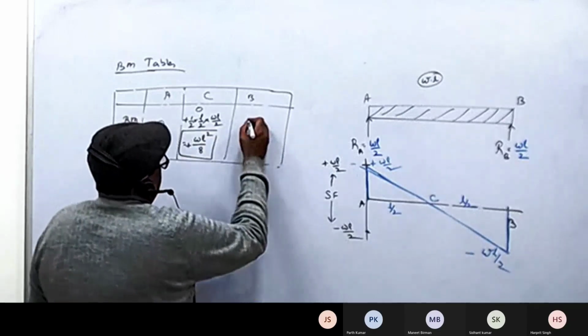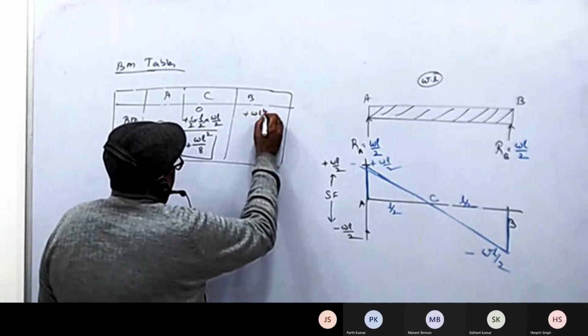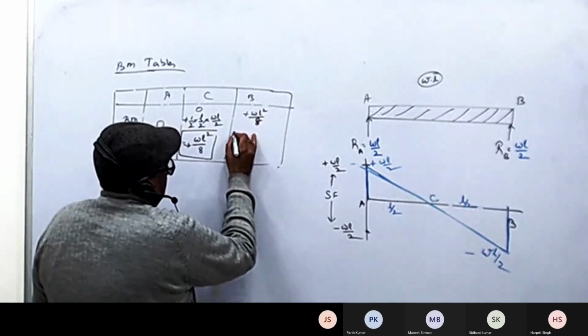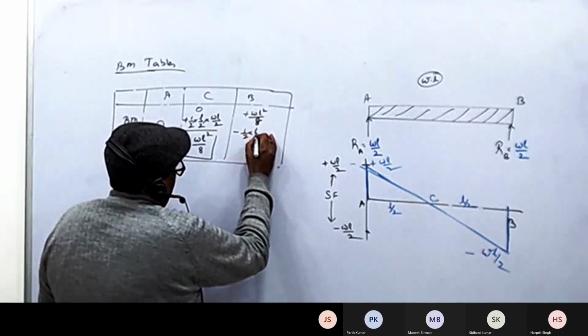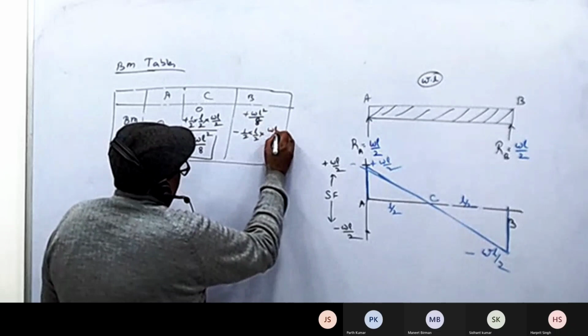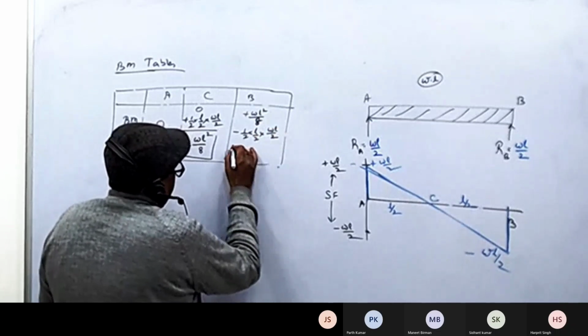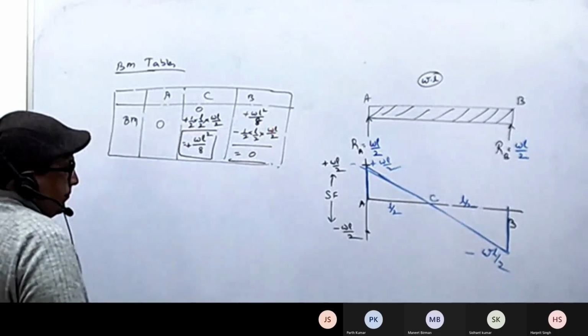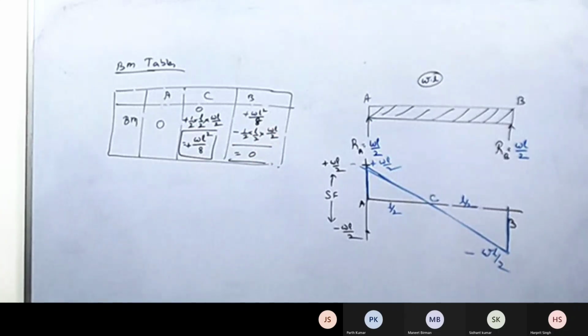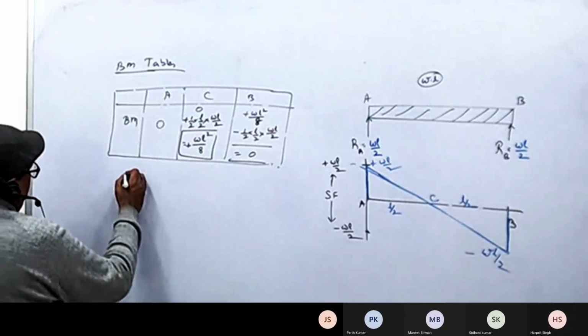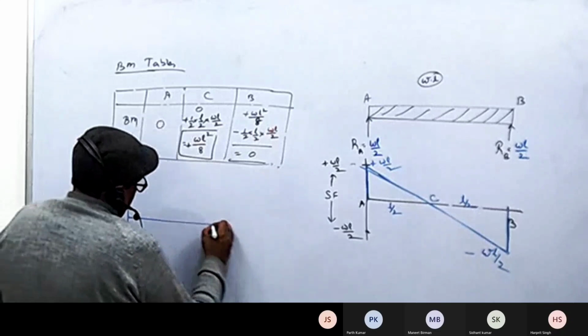And then you will have plus WL square by 8 carried forward minus half into L by 2 into WL by 2, becoming 0 here. Now we'll make the bending moment diagram.